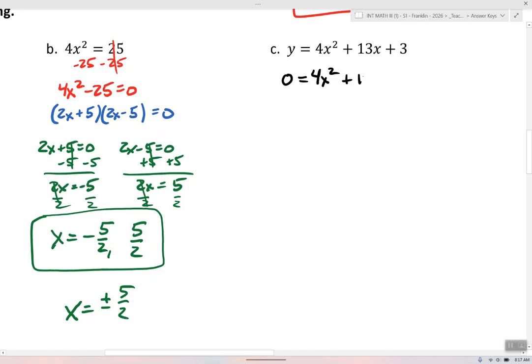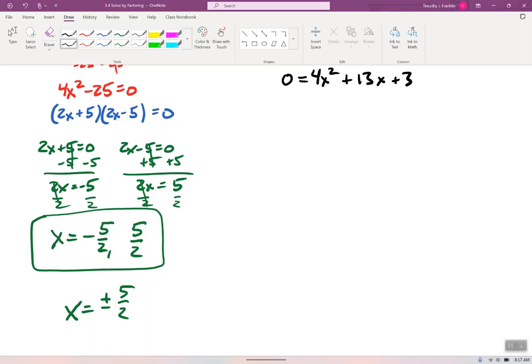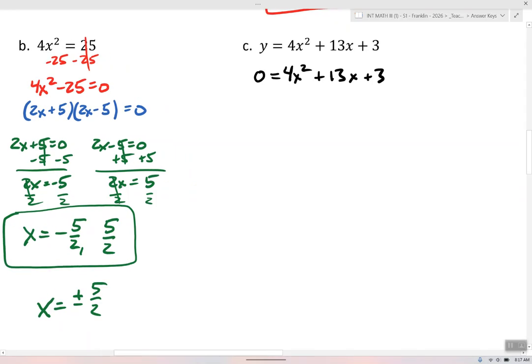4x squared plus 13x plus 3. We've got a trinomial here. So I want to find two numbers that multiply to 12 and add to 13. Well, that's going to be 1 and 12. So we're going to split that middle term. We've got 4x squared plus x plus 12x plus 3.